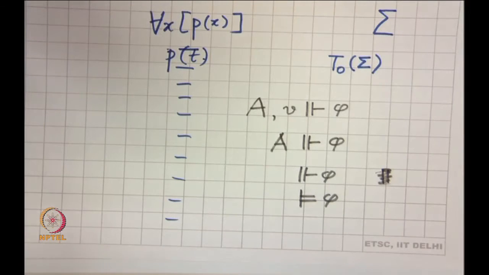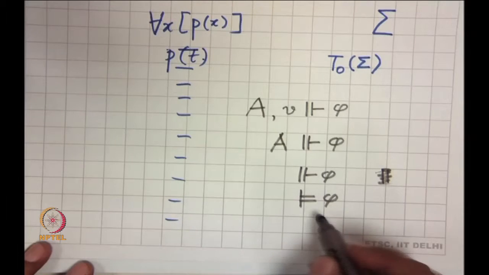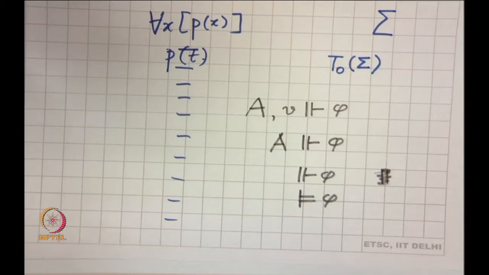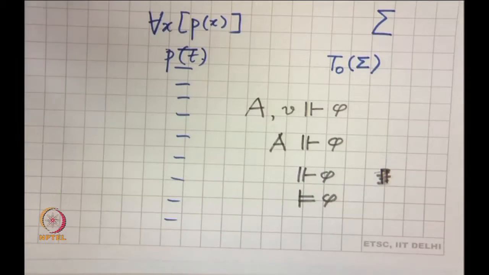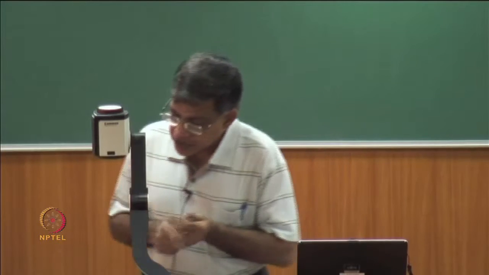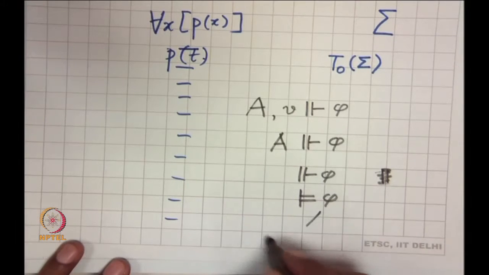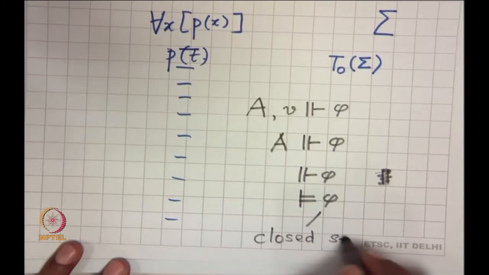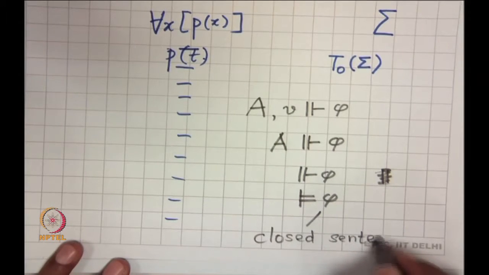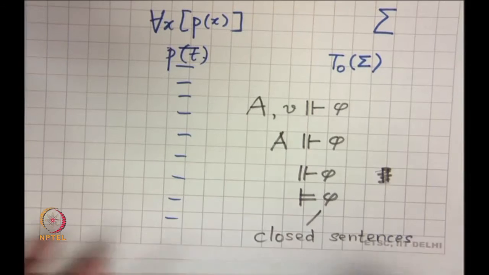And what we also know is that we are looking at logical validity, and if it has to be independent of all these valuations, then unless it is trivial, we are essentially looking at closed sentences, that is, sentences without free variables.